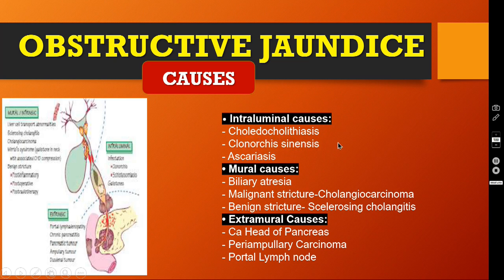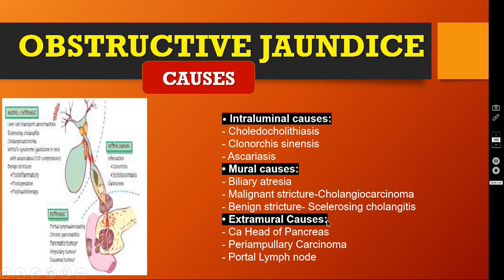Or it could be the presence of one of the parasites, either Clonorchis sinensis or Ascariasis. The mural causes are biliary atresia, that is atretic biliary ducts, which is a congenital problem, or malignant strictures like cholangiocarcinoma, or benign strictures like sclerosing cholangitis.